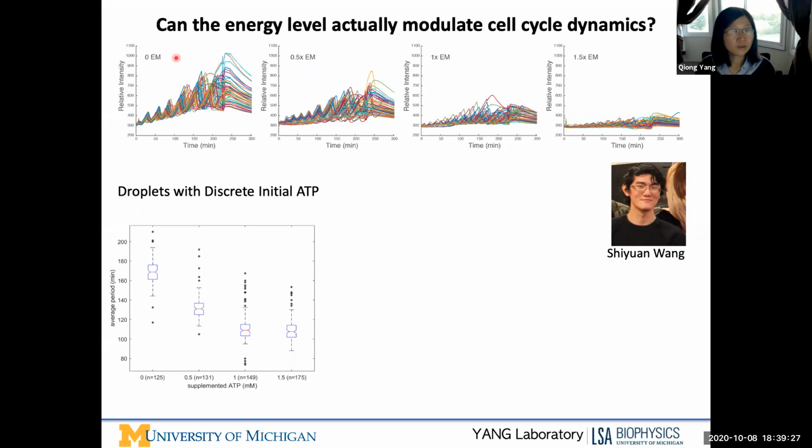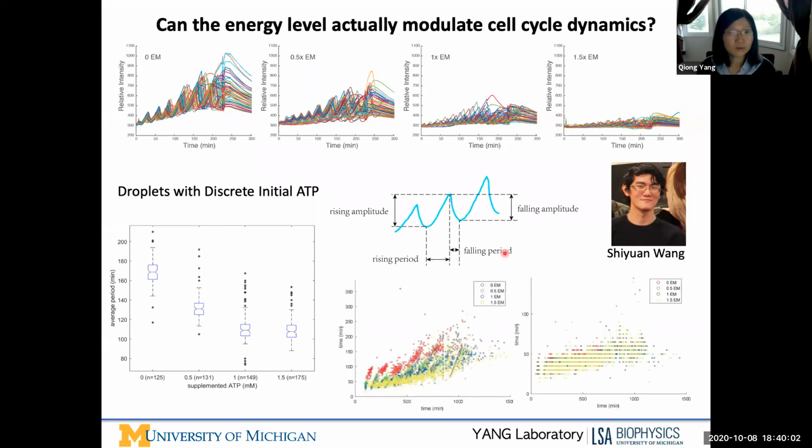First, as a very preliminary experiment, we just add different amounts of energy mix, which is equivalent to adding different ATP into the system. What you find is that within each group, you still have this increased amplitude, baseline, etc. But if you compare across the groups, the more energy you add, the lower the period, the lower the amplitude, and the lower the baseline you have for the system.